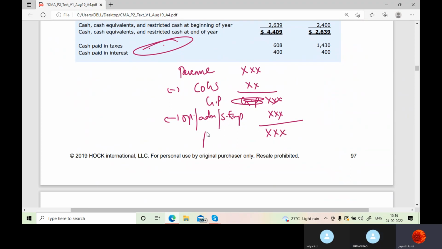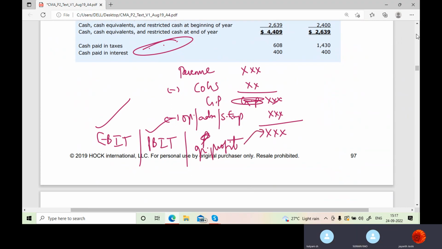Everything I'll be giving. EBIT is profit before income tax. Everything is same. Either you say earning, either you say profit, either you say operating profit. Till here it's okay. Shall we move forward?